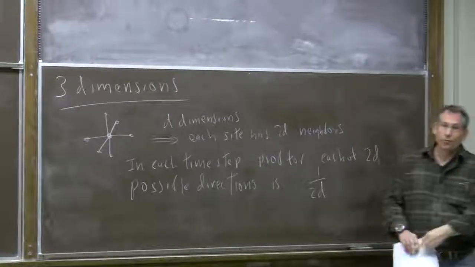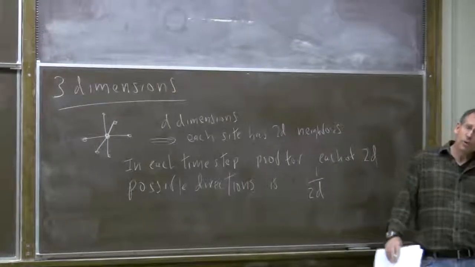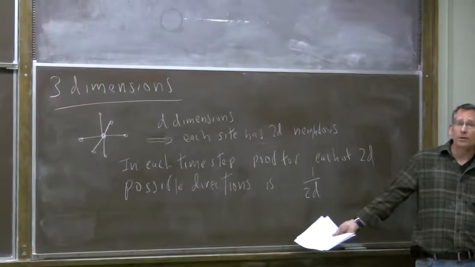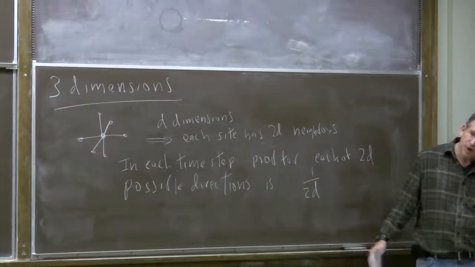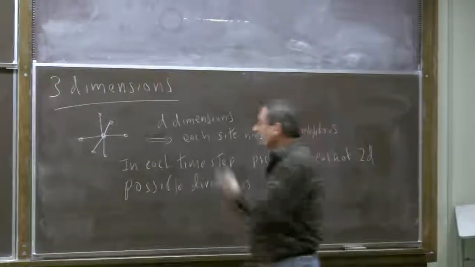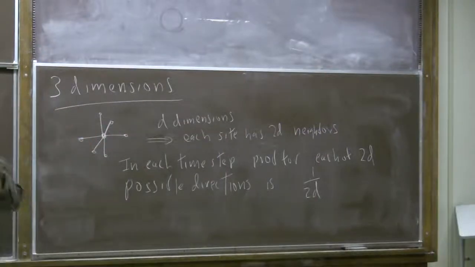In other words, it's a uniform distribution. There are 2d possible ways you can go, and they're all equally probable. Before we had 2 ways, and the probability was 1/2. So in 3 dimensions, there are 6 possible ways to move, up or down, left or right, forward or back, and each gives the probability 1/6.